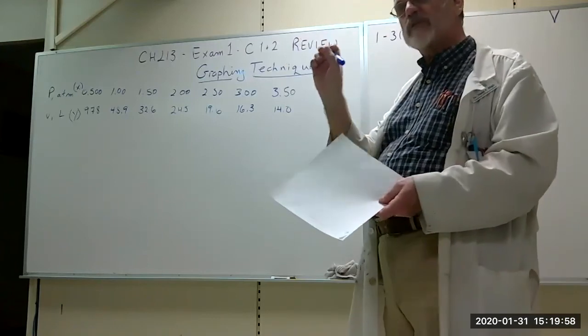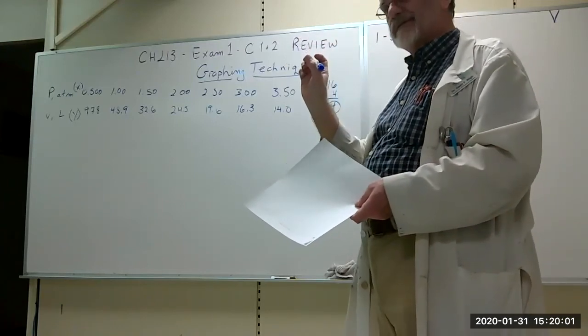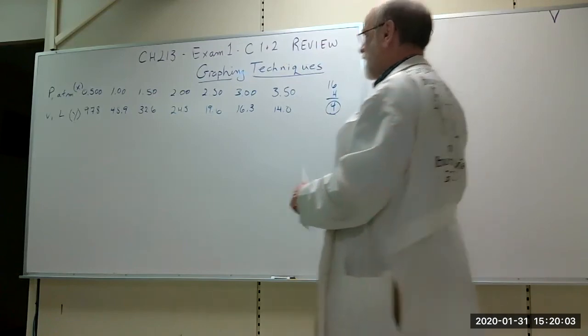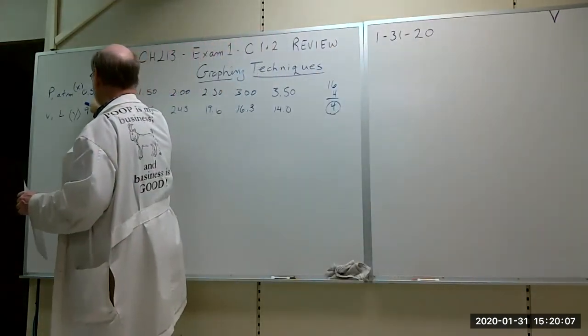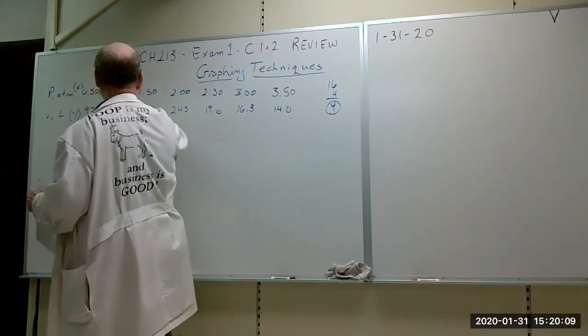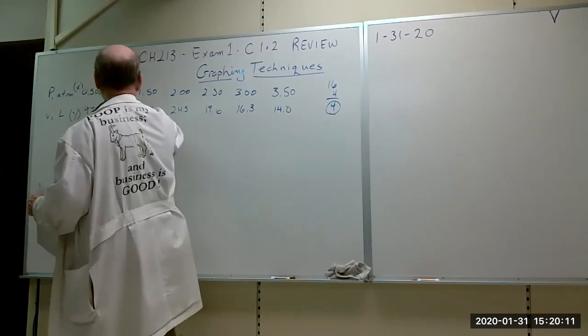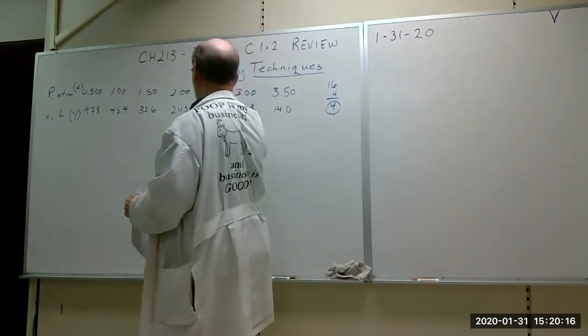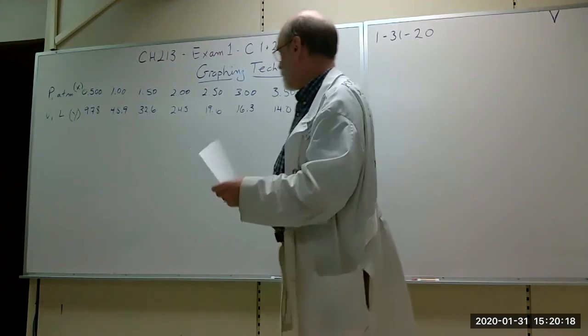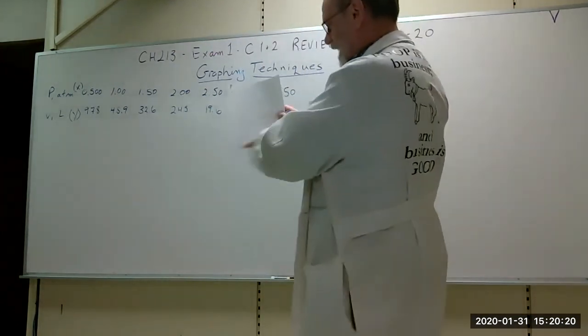So that means 2 squares equals 0.1. It's not a problem though, because the third digit is always 0. Right? So you're going to fall right on a line somewhere. Okay, we got the x-axis done.